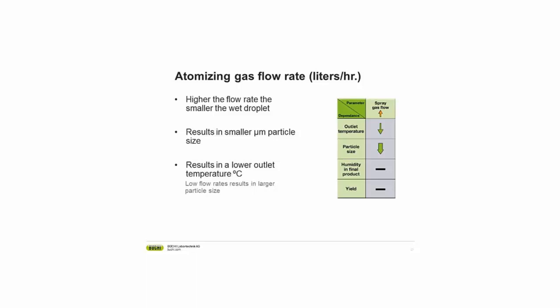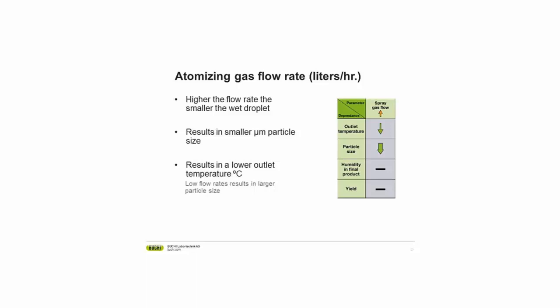However, if the spray gas is decreased too much, we often see spraying against the wall, against the first third of the spray cylinder, because then the cone of the spray is too flat and we spray against the wall and will not be able to dry anymore.